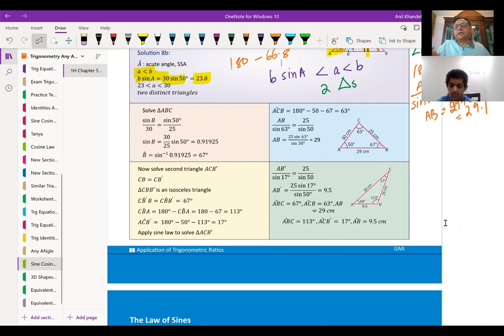Here we have rounded answers. We know the side B dash C is 25 as given to us, and again you apply the sine law to find the angles. First, the angle at C now is 180 minus 50 minus 113, which is 17 degrees. And now apply the sine law and get your answer.